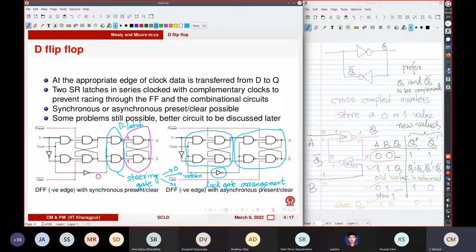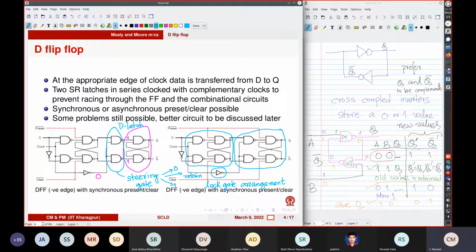So when the clock is 1, this part can be set to some value, but when this is 1, of course, this is 0. So this part remains locked. And then when you set the clock to 0, this part gets locked, and the value that is stored here is pushed into this.